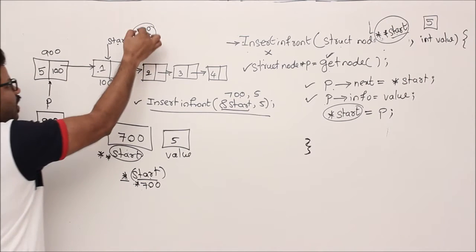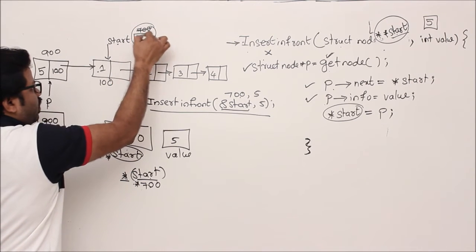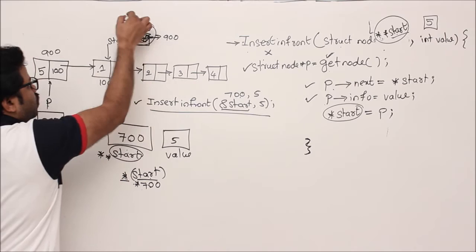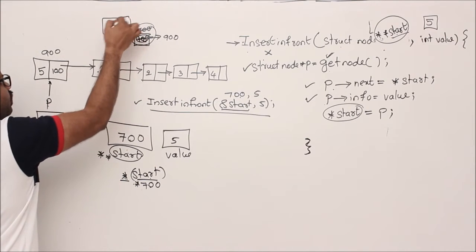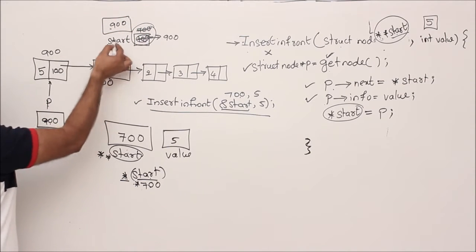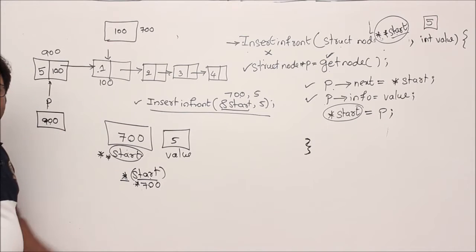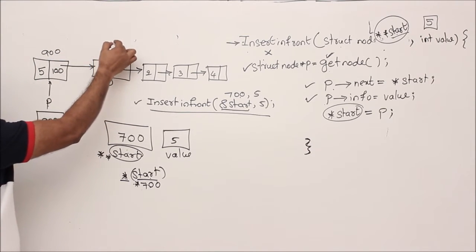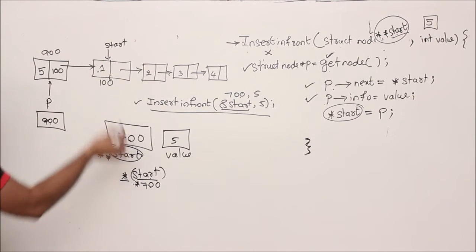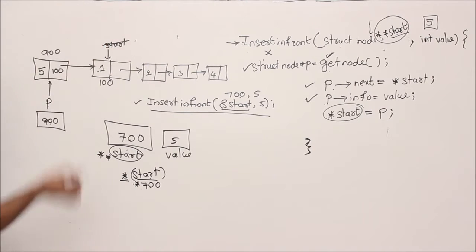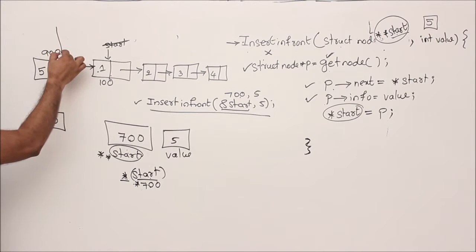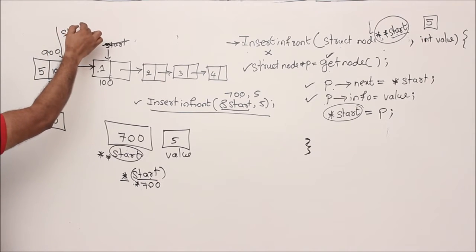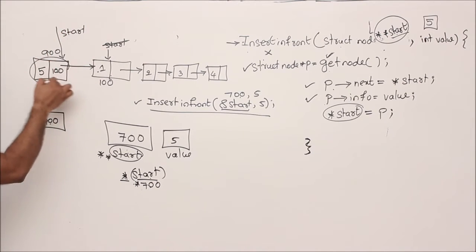So blindly write that in this place. So 900. Because of that, what happens? Start will point to 900. Since start was having 100, it was pointing here, isn't it? Now since we changed that start value to 900, it will point to the 900 box. Effectively, start will point to this box.